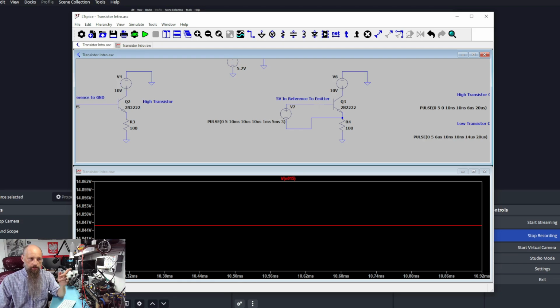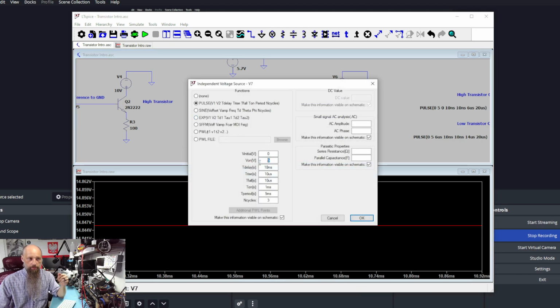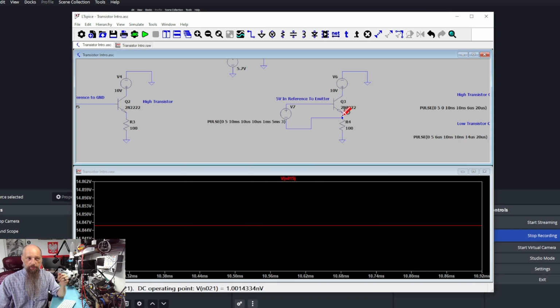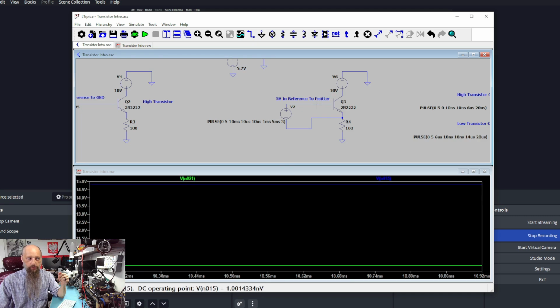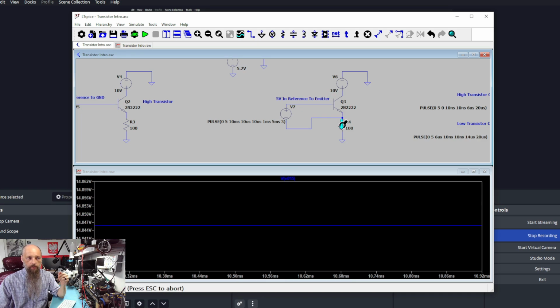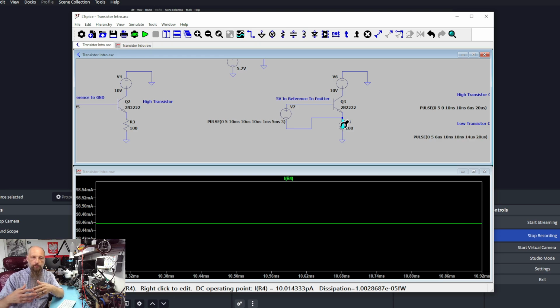So in this case, our voltmeter says that we have 14 volts supplied to the gate, but what we're supplying is 5, because it's 5 in reference to our roughly 10 volts over here. That's why this is saying roughly 15. That allows full 98 milliamp current flow through the resistor. Our transistor is fully opened.